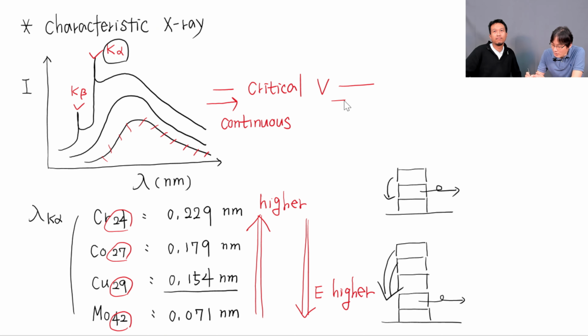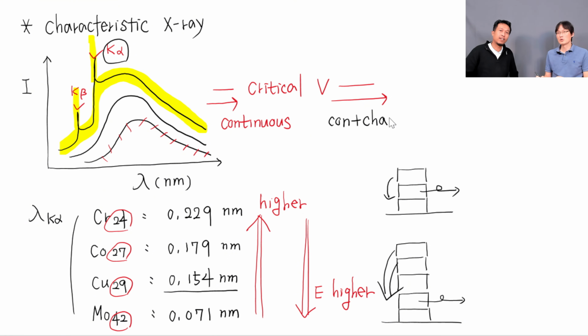Above the critical voltage, we will see both the continuous X-ray and the characteristic X-ray together. That's why the calculation of critical voltage is very important, and we know there is a minimal level of voltage to gain characteristic X-ray.